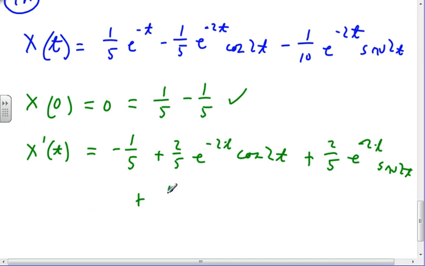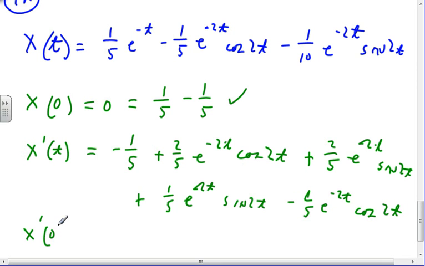Plus 1/5 e to the minus 2t sine 2t minus 1/5 e to the minus 2t cosine 2t. X prime at 0 had best be 0, otherwise we're going to be very unhappy. Minus 1/5 plus 2/5 minus 1/5 is 0, so we're very happy, and that's probably the right answer, so we won't have to do anything else.